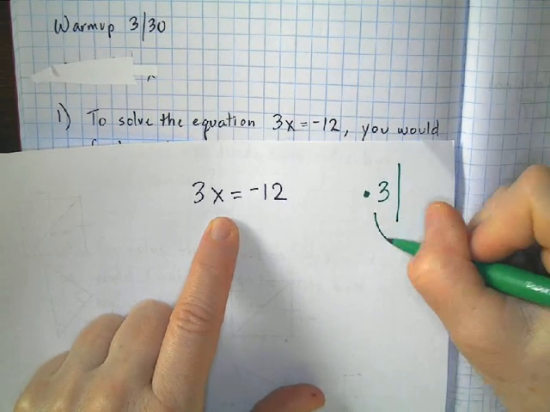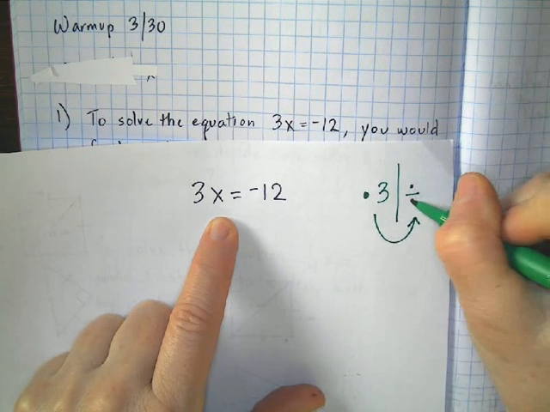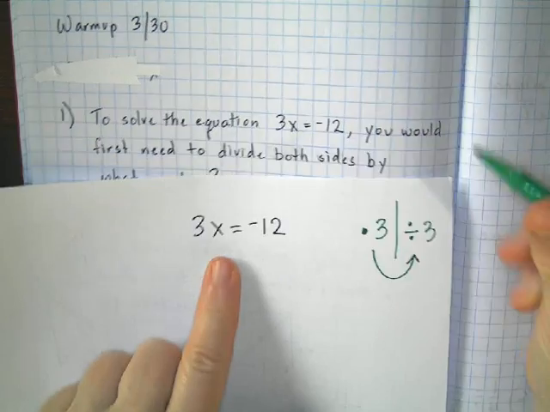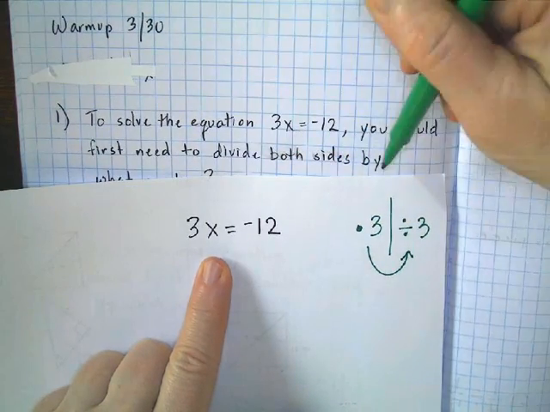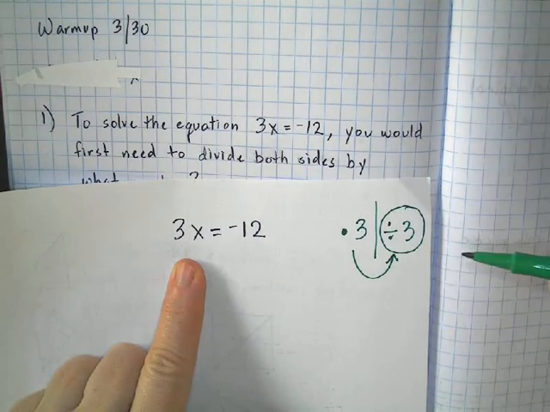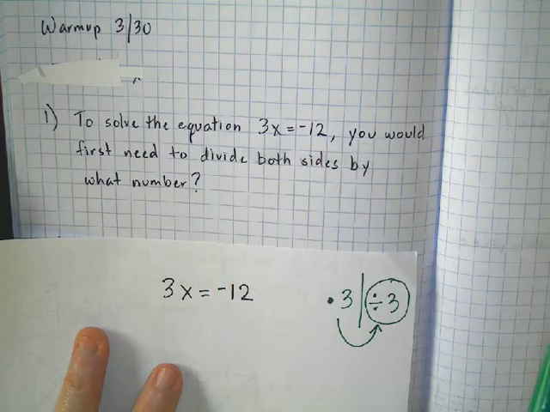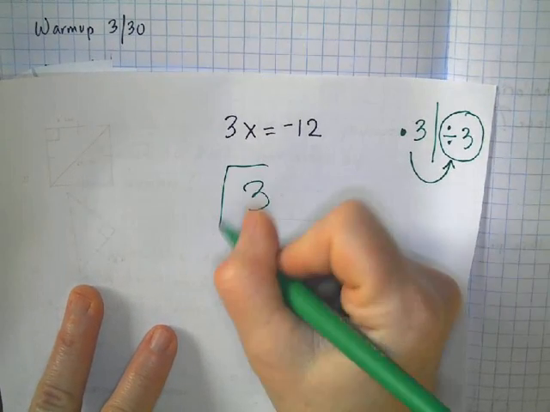So how do I deconstruct? I would divide by 3. So what would I first need to divide both sides by? I would need to divide by 3. So what's the answer to this problem? 3. That's it.